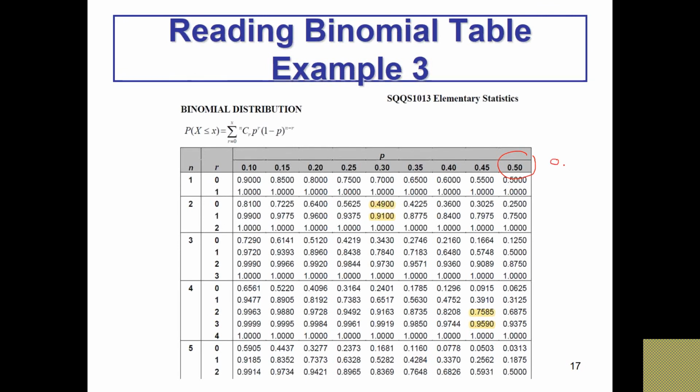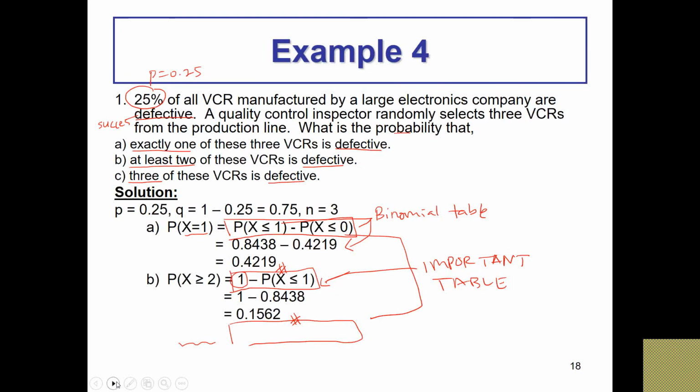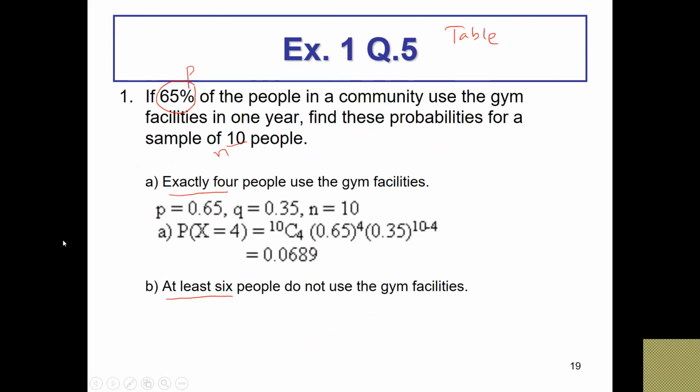But just now the question asks for a P value of 0.65, meaning that you cannot use the binomial table straight away. So what you should do is use the formula. Take your P as 0.65. Q, of course, 1 minus 0.65 is equal to 0.35, and your N is 10. Because this P value is greater than 0.5, which you cannot find in the table directly, you need to use the formula.